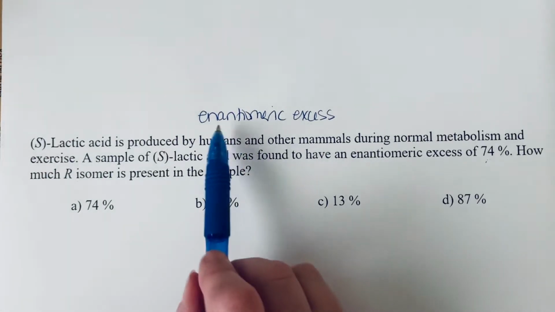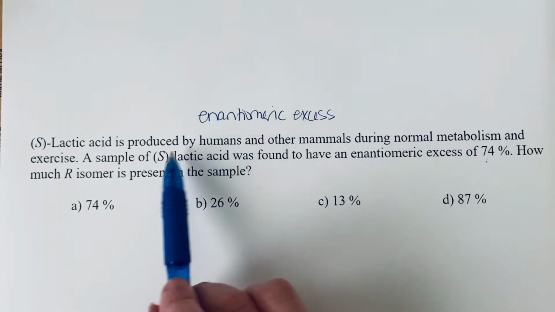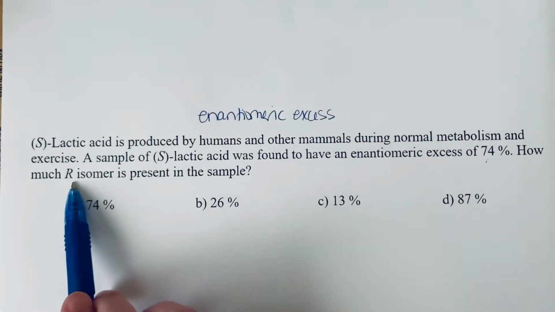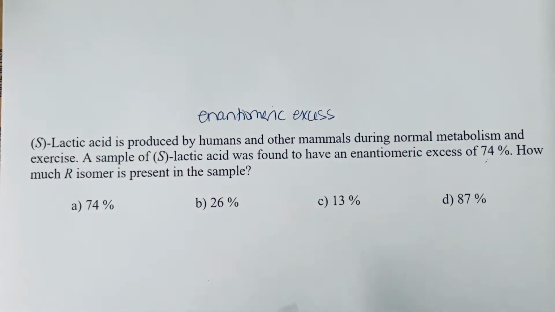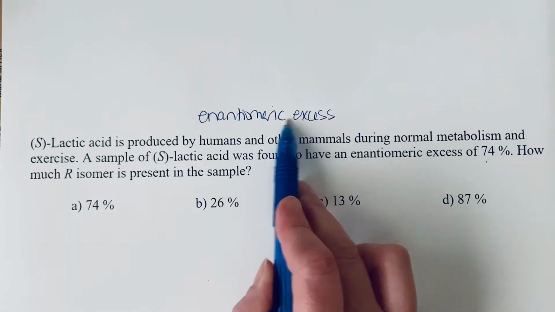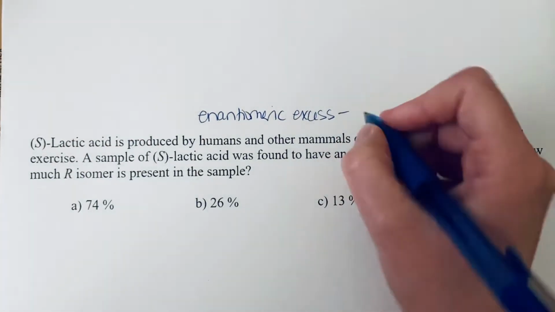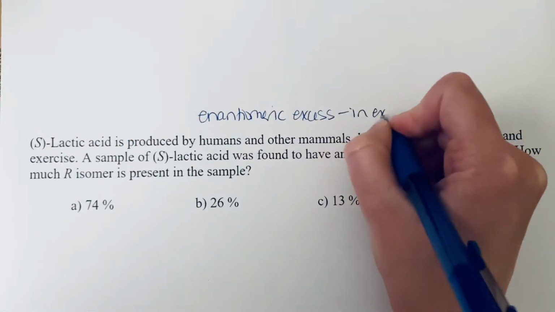So it's only going to be the amount of the isomer that you have that's not being canceled by its enantiomer. Excess means how much more do you have that's not part of a racemic mixture, in excess of the racemic.